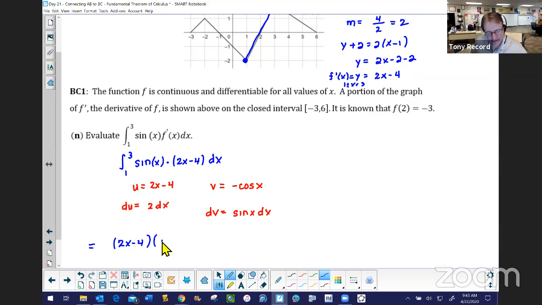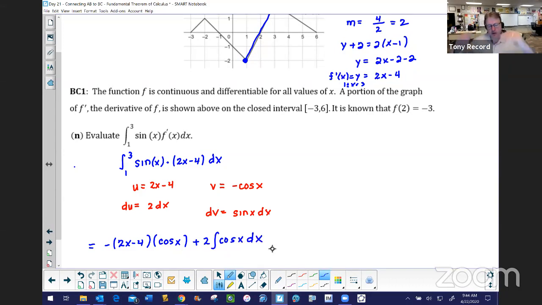Maybe I'll put my negative sign out to the front. And then I'll subtract the integration of v times du. Well, in this case, I see that I'm going to have a 2 times negative cosine. So I tell you what, I'm going to go ahead and change that to a plus and just pop my 2 out in front and kind of simplify it on the fly.